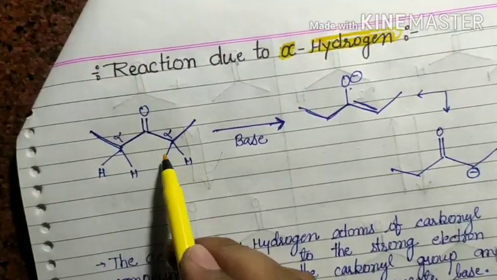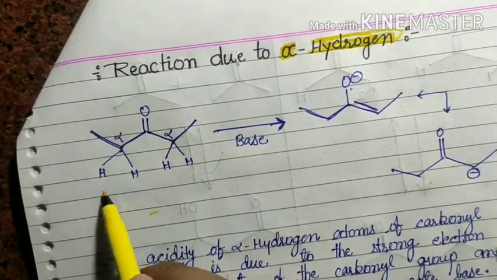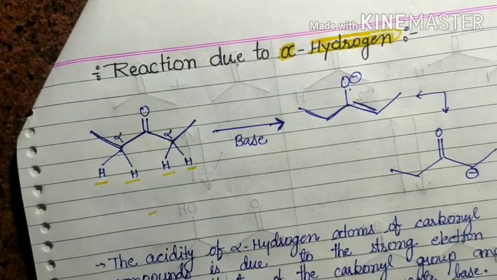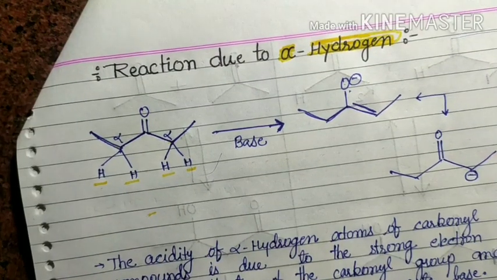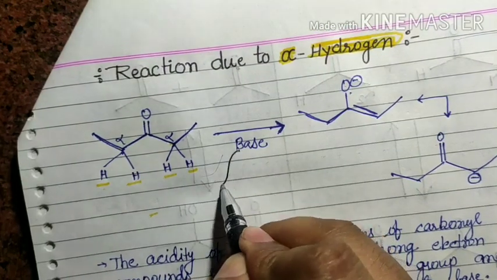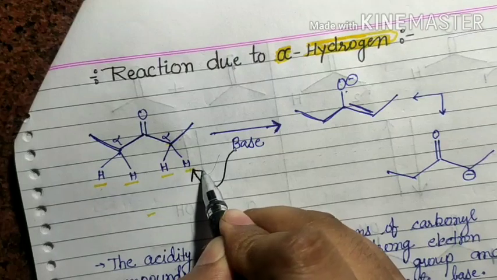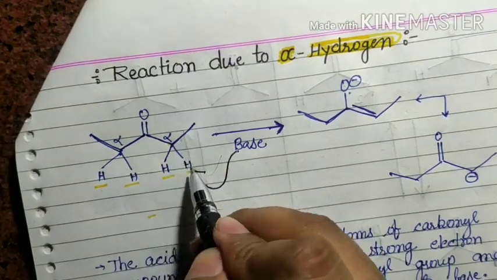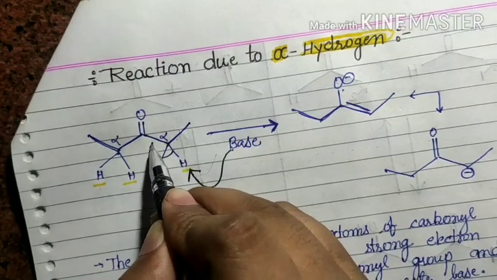For example, I write here, this one is an alpha carbon, this one is an alpha carbon. So these two and these two are the alpha hydrogens. It is acidic hydrogen, so a base can abstract its alpha hydrogen, and if it abstracts its alpha hydrogen, this bond may shift like this.